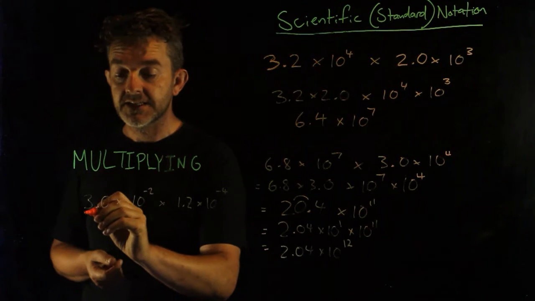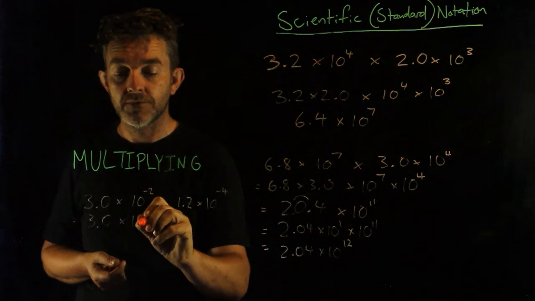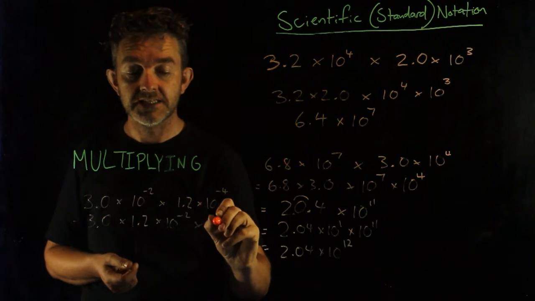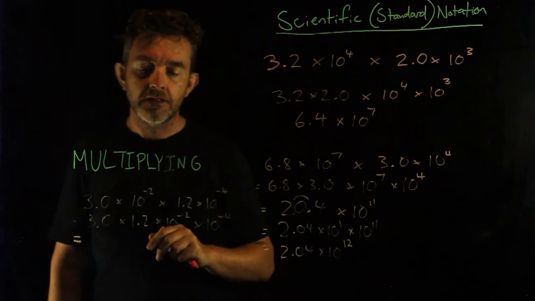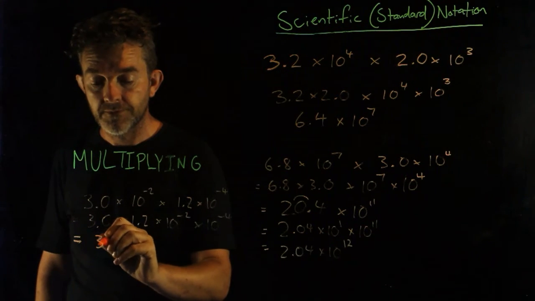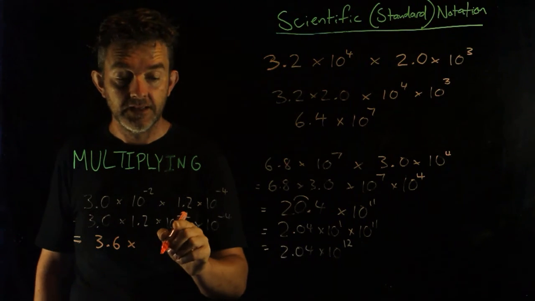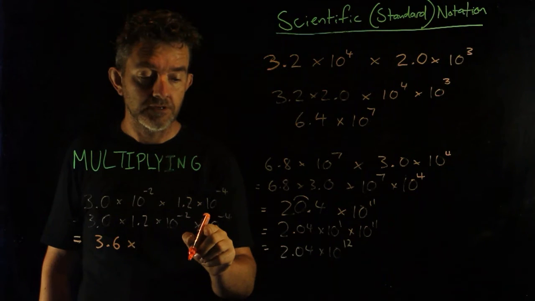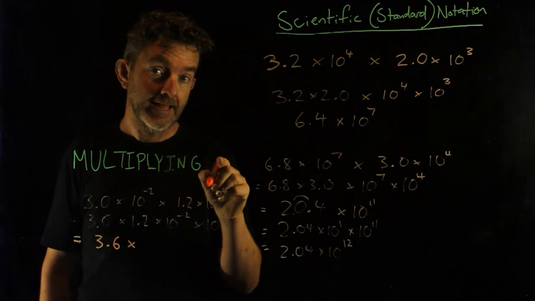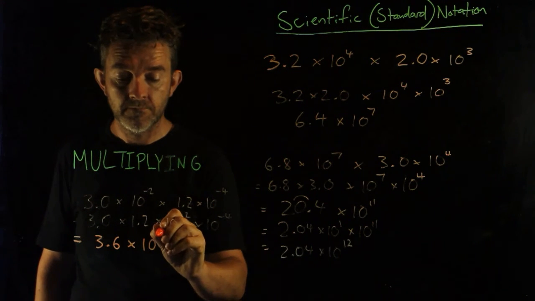If I multiply that together, I get 3.0 times 1.2 times 10 to the negative 2 times 10 to the negative 4. 3.0 times 1.2 is going to be equal to 3.6, and that's going to be multiplied by 10 to the negative 2 times 10 to the negative 4. Add those together: negative 4, add negative 2 is negative 6.